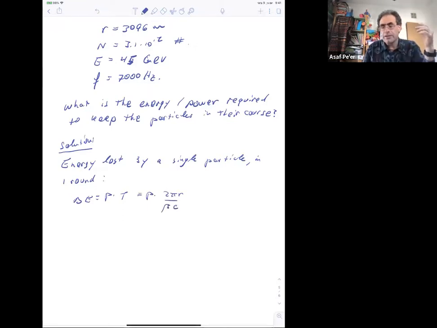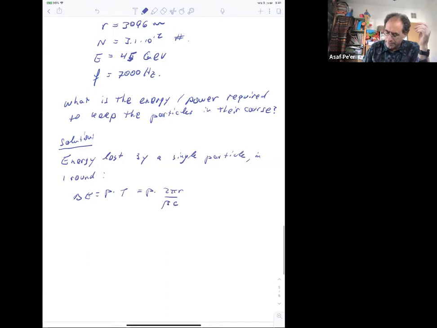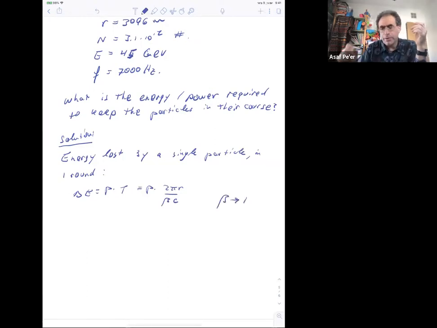Now, in these energies, and this is something I don't want to see in the exam, you can simply take beta to 1. When I speak of 45 GeV, you can start calculating and you end up that beta is 0.9999 something. They just move at the speed of light.